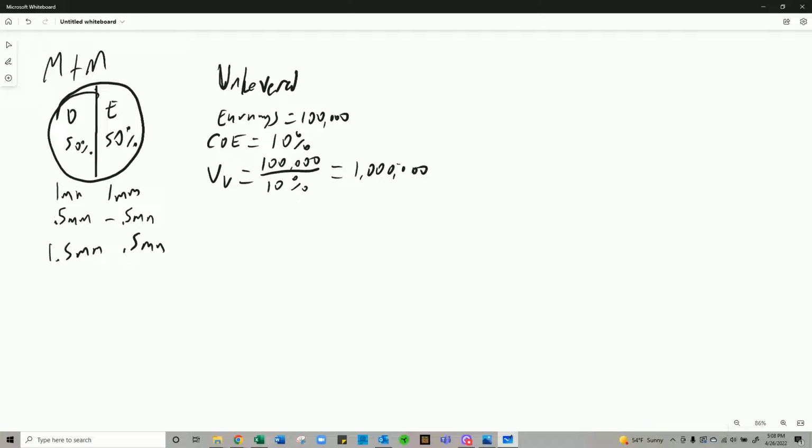So the value of the unlevered firm is $1 million. Now, if we look at the WAC equation over here, it is percentage debt times cost of debt times 1 minus taxes plus percentage equity times cost of equity.